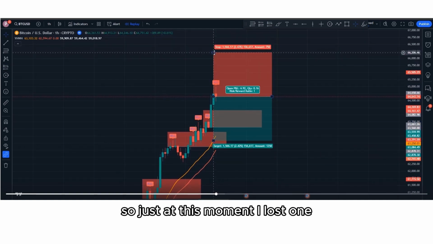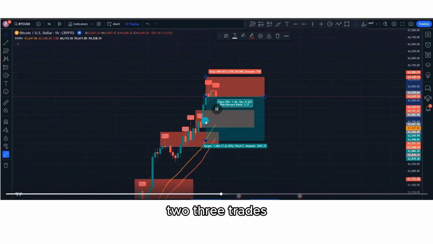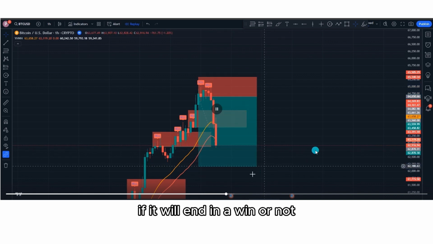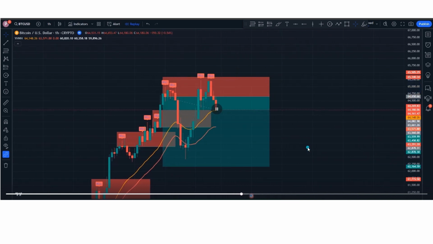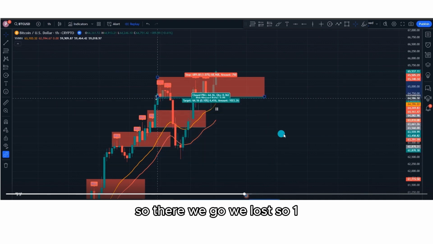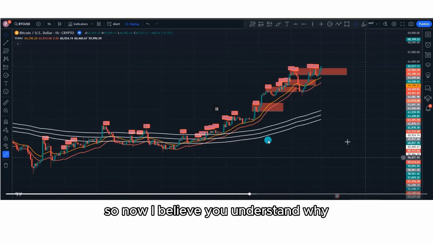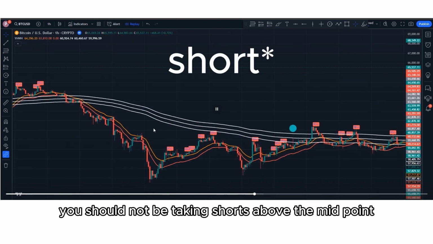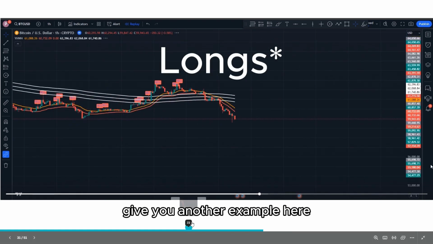Just at this moment, I lost three trades, and now we're going to see if this one will end in a win or not. There we go, we lost. So four losses already. Now I believe you understand why you should not be taking shorts above the midpoint, but instead you should be taking longs. I'll give you another example here.